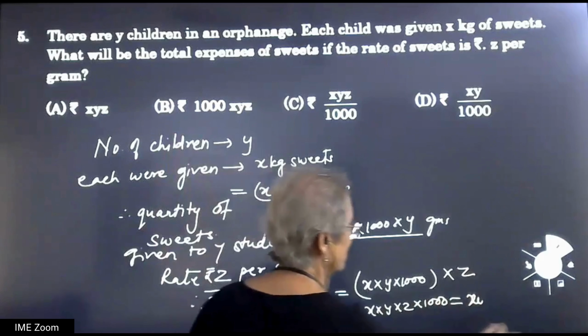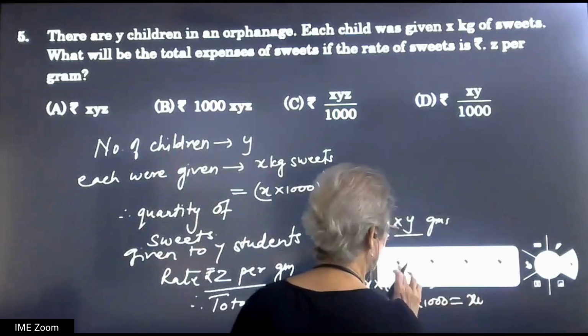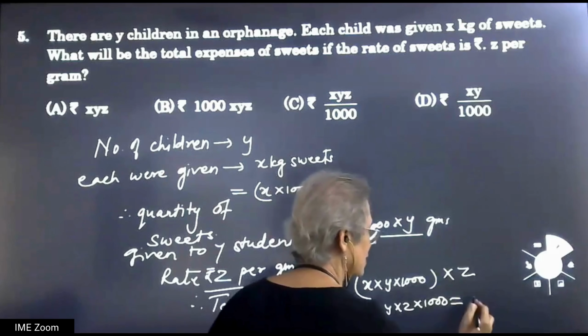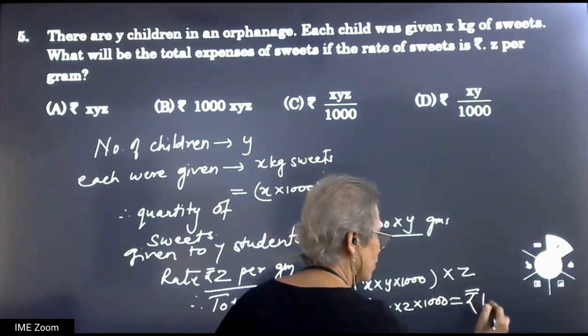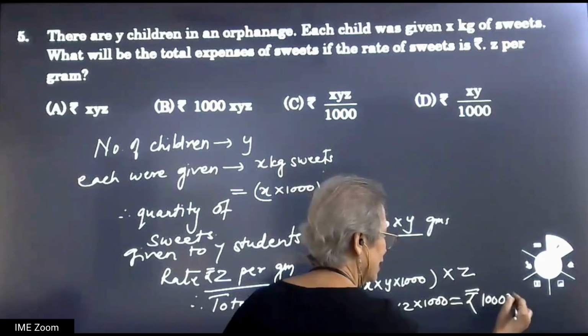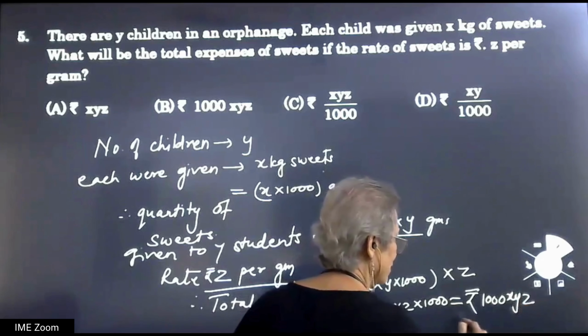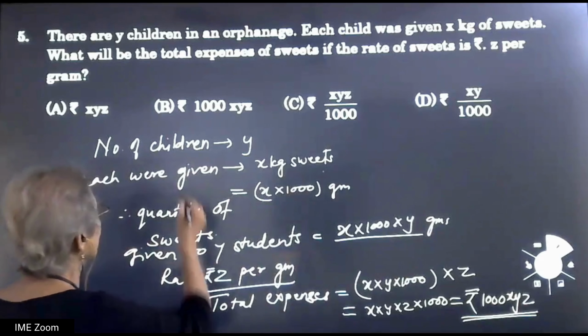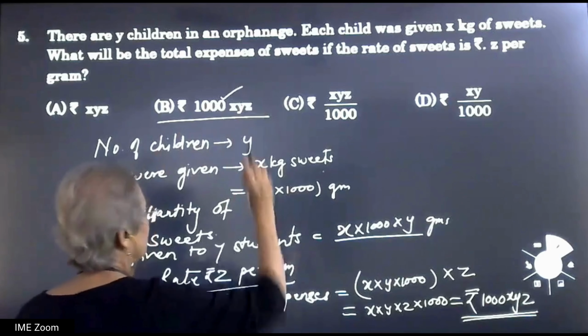Yeah, here it is given. Rupees is a must, these are expenses. So rupees 1000 XYZ. This is the correct answer. Here it is, option B.